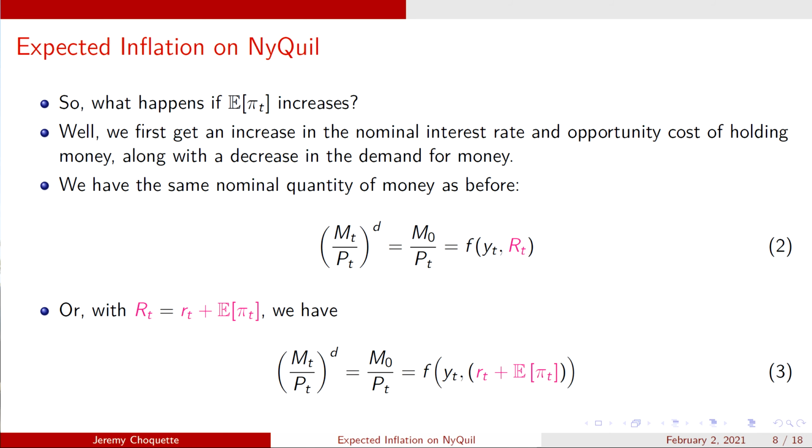So I plug the real rate plus the expected inflation rate in for the nominal rate in equation 2, and this gives me equation 3. What this says is that money demand is a function of real income, Y T, and the real interest rate plus the expected inflation rate. So now we've got money demand expressed as a function of the expected inflation rate, where they expect inflation to go.